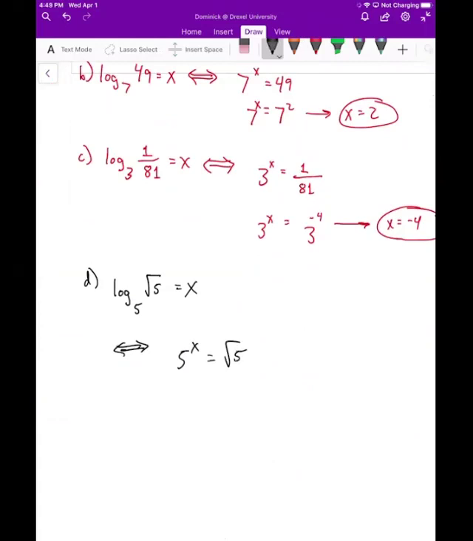And if you think about it, what's our exponential form of a square root? That's a 1/2 power, right? So this allows us to say that x is 1/2. Right? So again, this just shows that if you understand that relationship between going back and forth between logarithmic and exponential form, a lot of these problems are fairly simple.